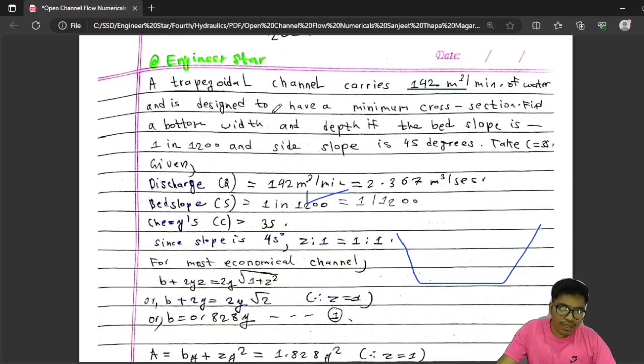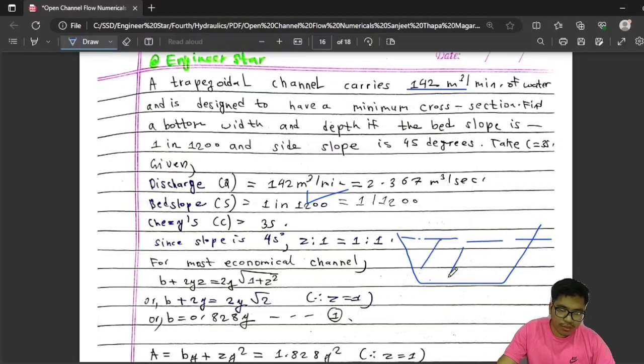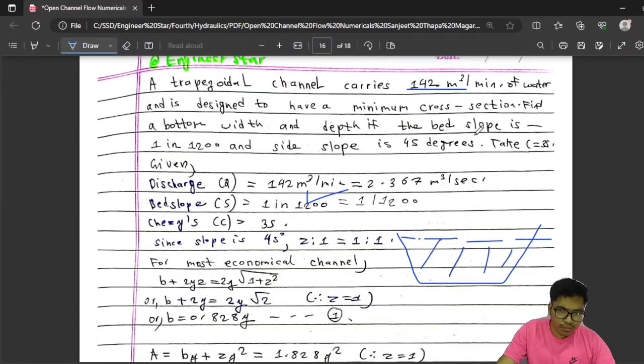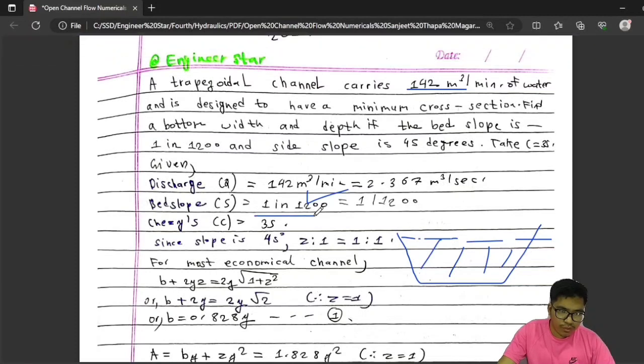and is designed to have a minimum cross section. So this cross section should be minimum. Find the bottom width and depth if the base slope is 1 in 1200, that is 1 divided by 1200.